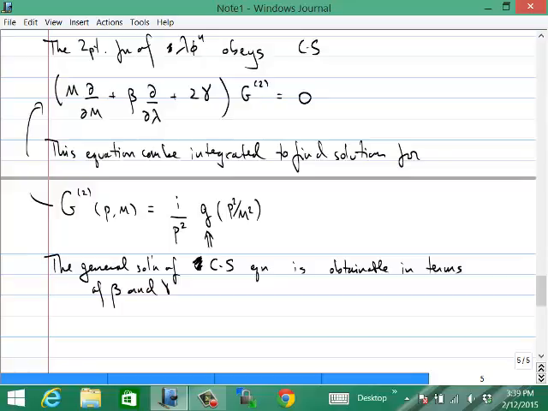Any questions? Yes. Can you think of the constant multiplication as an operator acting on the propagator? You want to think of it like a Green's function?